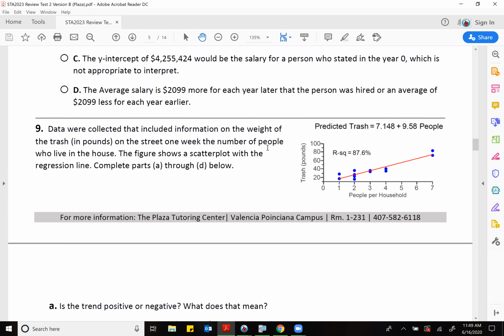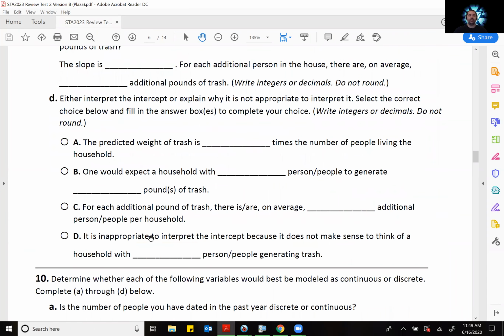So if I have 0 people in a house, there's 7.18 pounds of trash. It wouldn't make sense. So which one would we choose then? A, B, C, or D? It is inappropriate to interpret the intercept because it does not make sense to think of a household with 0 people generating trash. Correct.